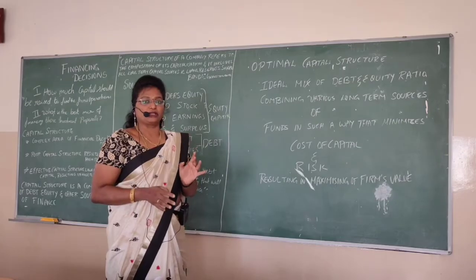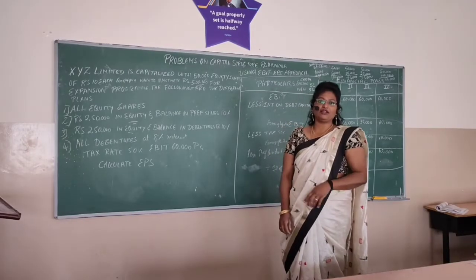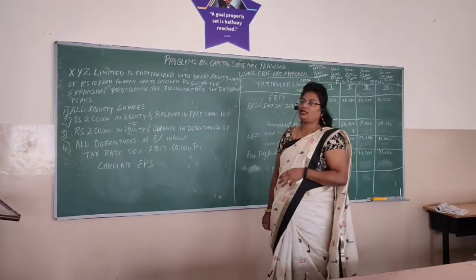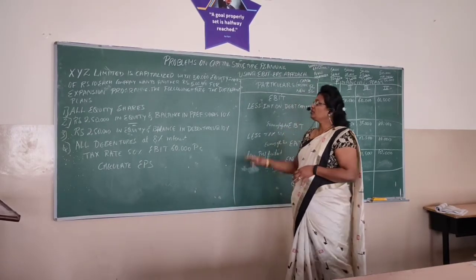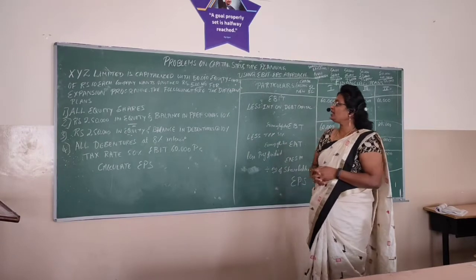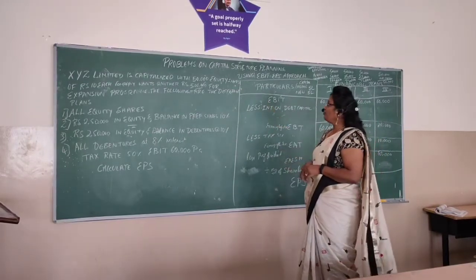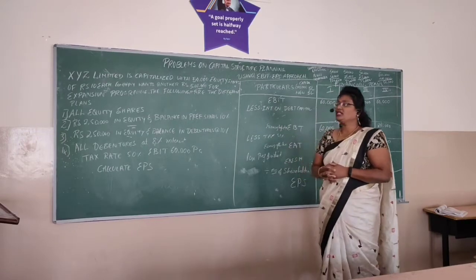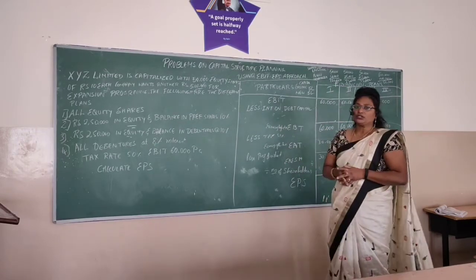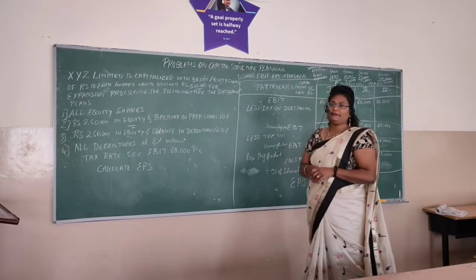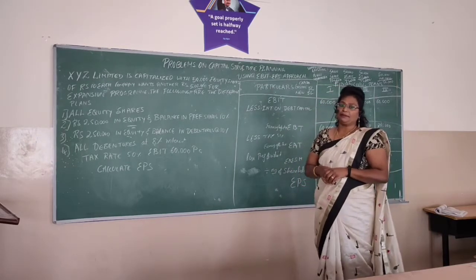and minimum risk. Continuing with the meaning of capital structure, let us find out through a problem. Here we understand capital structure planning through a scenario using the EBIT-EPS approach.